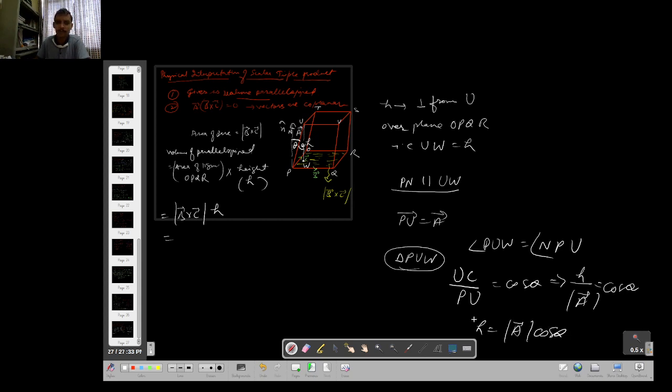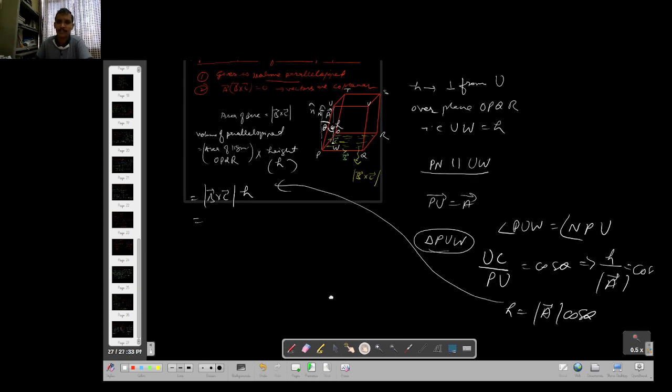So let me put its value here. So if I put its value here, then the volume of the parallelepiped is basically B cross C into mod of A cos of theta, right?